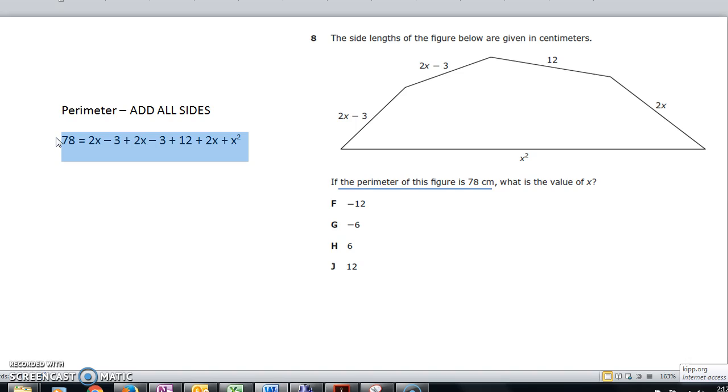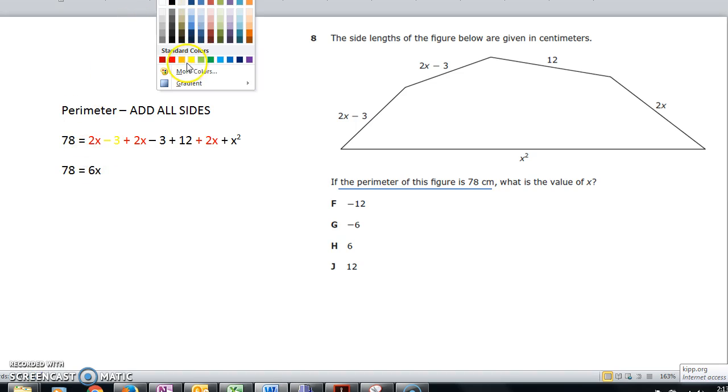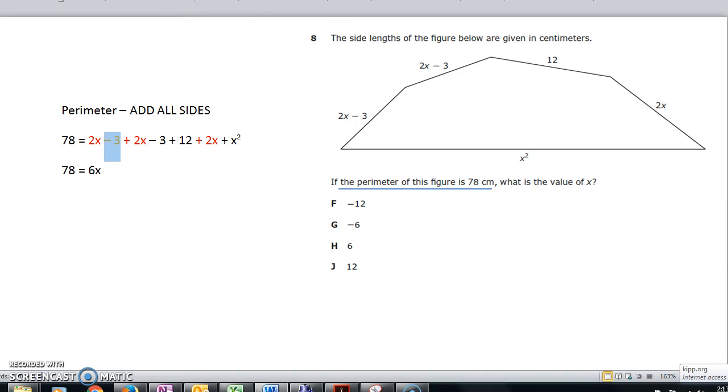This looks way too complicated. We definitely need to be combining like terms so we can make this look easier. So let's get our like terms together. Those are my x's. So I have a positive 2x, a positive 2x, and a positive 2x. That's going to give me positive 6x. And then my number terms: a minus 3, a minus 3, and a plus 12.